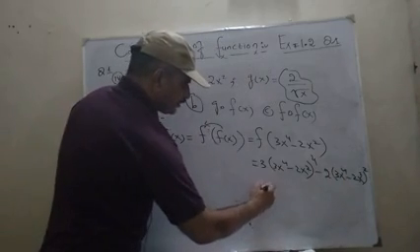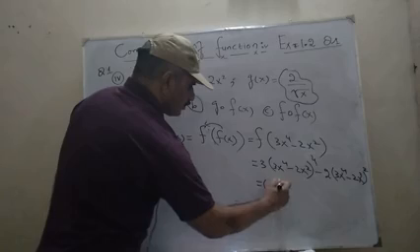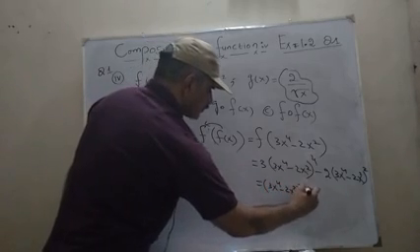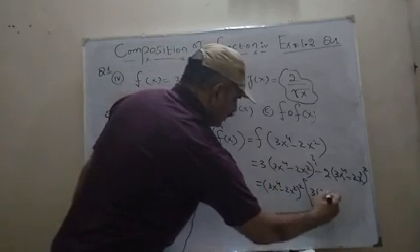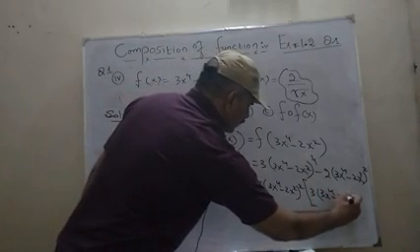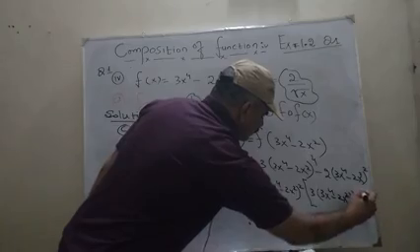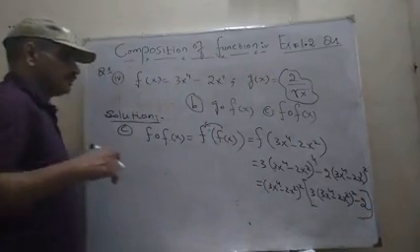You can take common (3x to the power 4 minus 2x squared) whole squared, and 3 times (3x to the power 4 minus 2x squared) whole squared minus 2. Now you can simplify it by yourself.